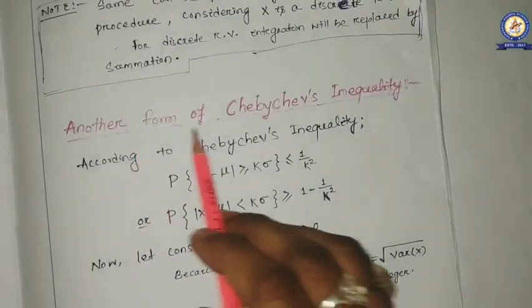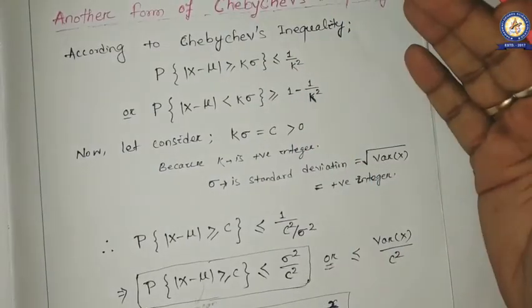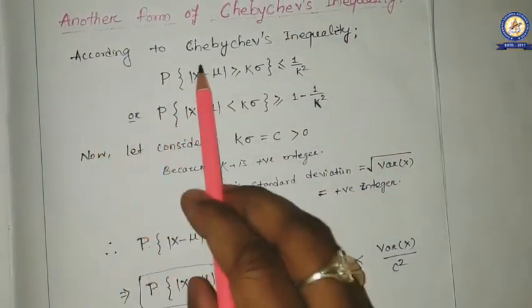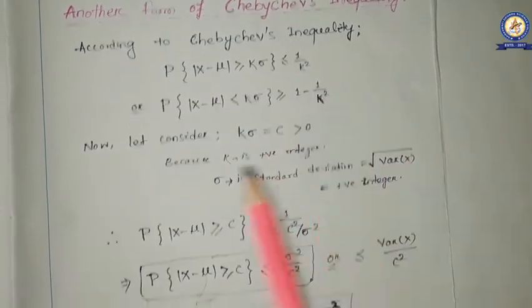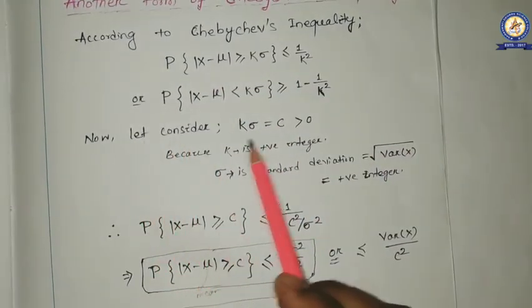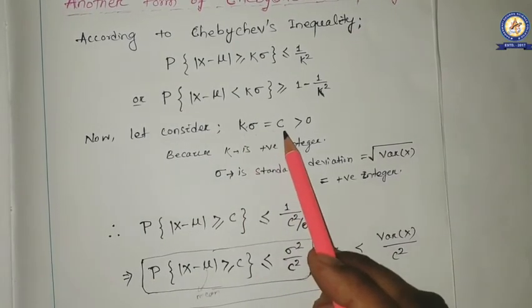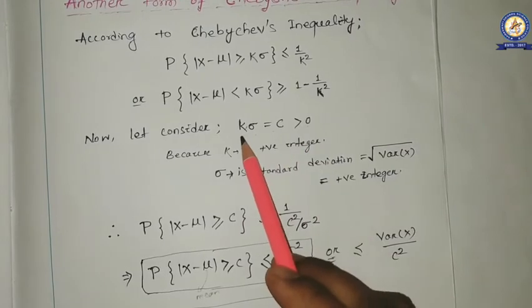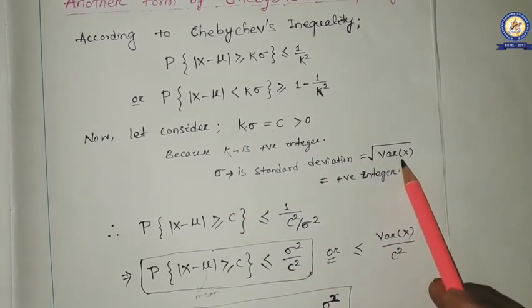Another form of Chebyshev inequality, which will be required for various numericals. According to Chebyshev inequality, we found this equal to this equal to this, and if we consider k sigma equal to k into sigma equal to c, which is greater than 0 because k is a positive integer and sigma is the standard deviation, which is the square root of the variance, also positive.